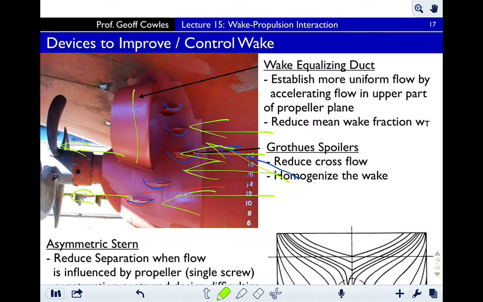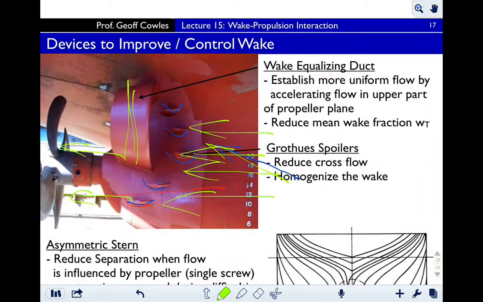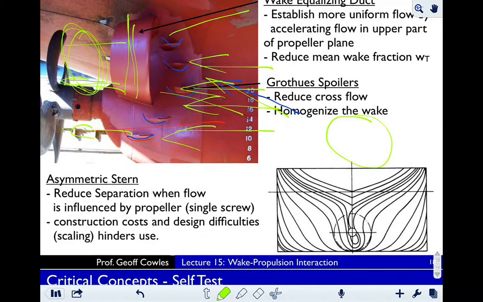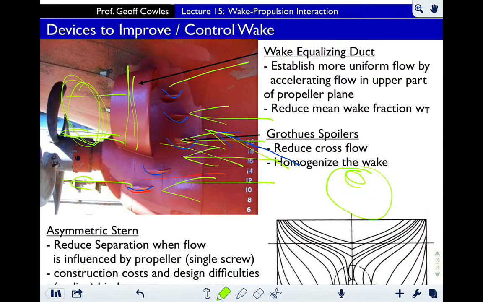This thing up here is a converging duct, and it takes the flow and accelerates it through here to try to create higher speeds up here than there would be without that duct in place. And remember, these Taylor wake diagrams tend to have the slowest speed right up here for a single screw ship, because that's right behind the keel of the boat.